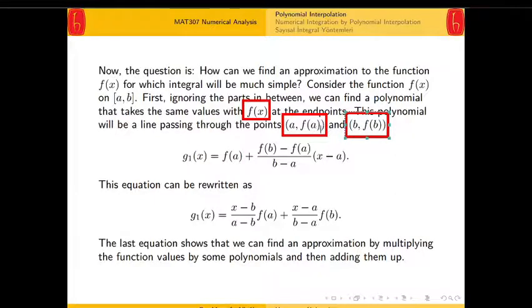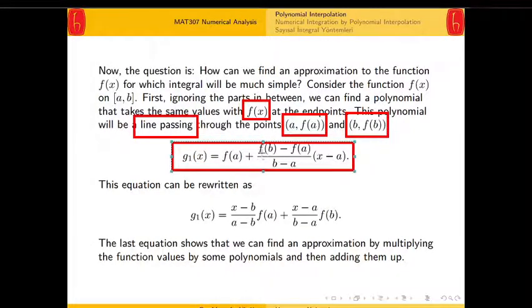We match these values with a line passing through these points, and this will give us an approximation to f of x. Say g1 is equal to f of a plus the slope times x minus a. So this is the linear approximation for the function f of x.